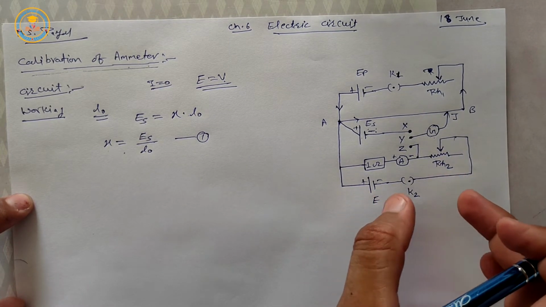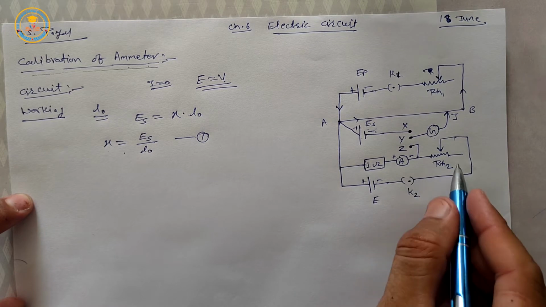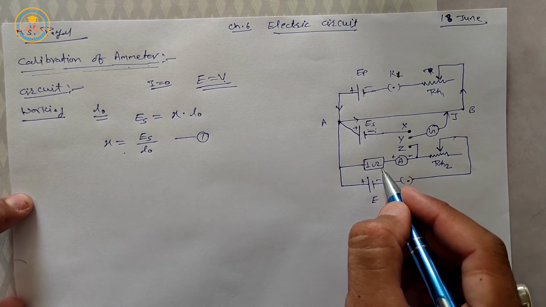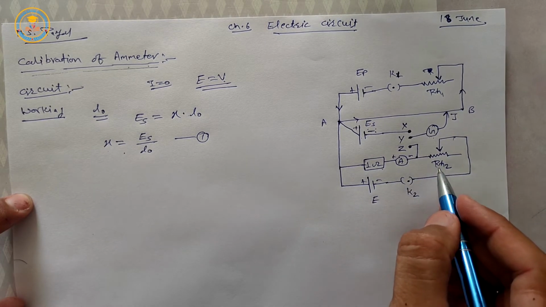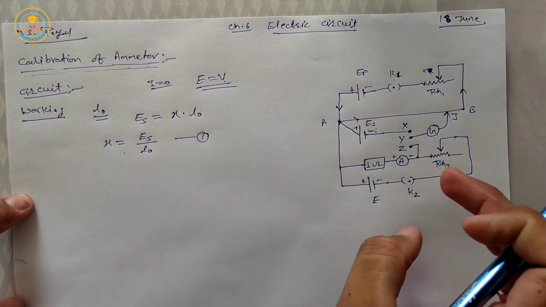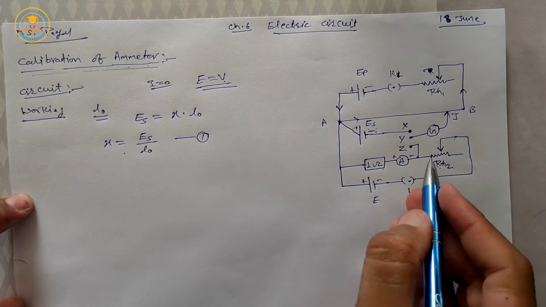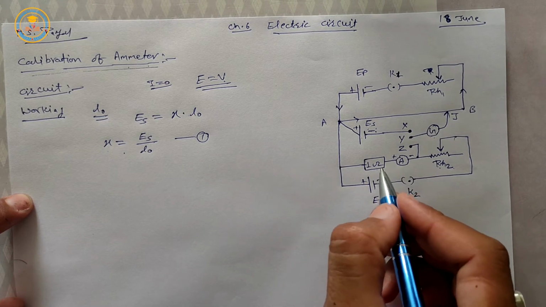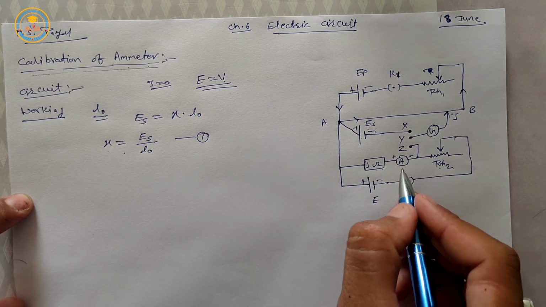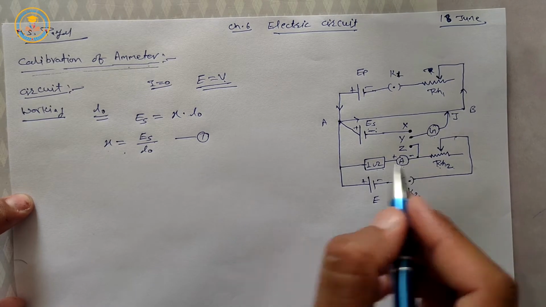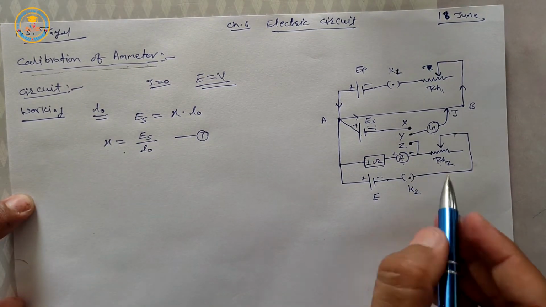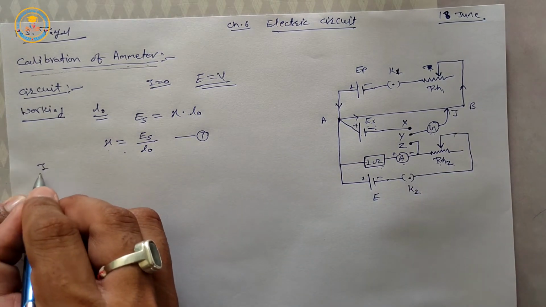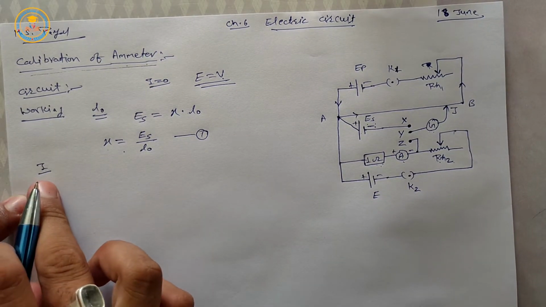Then due to this, a fixed, constant current is flowing through this 1 ohm resistance, with a fixed value of rheostat RH2. We observe the value of this current by this ammeter, which is suppose I, but it is errorful.